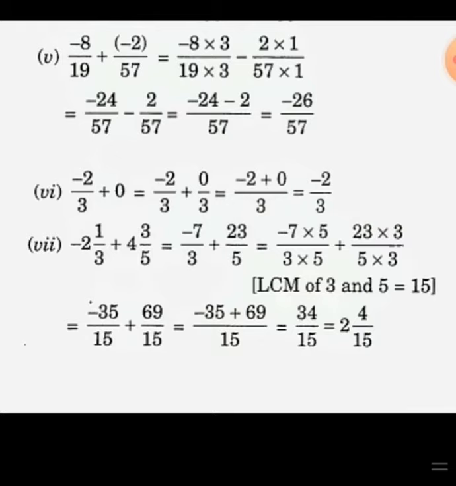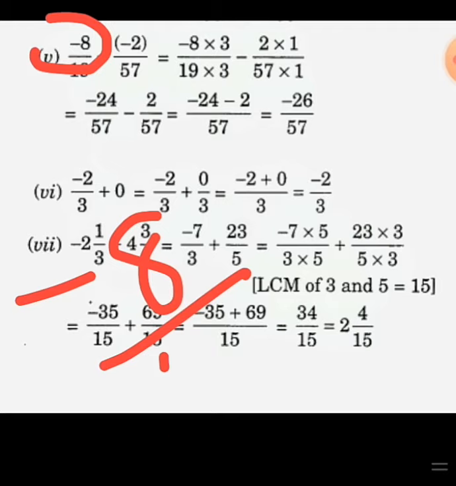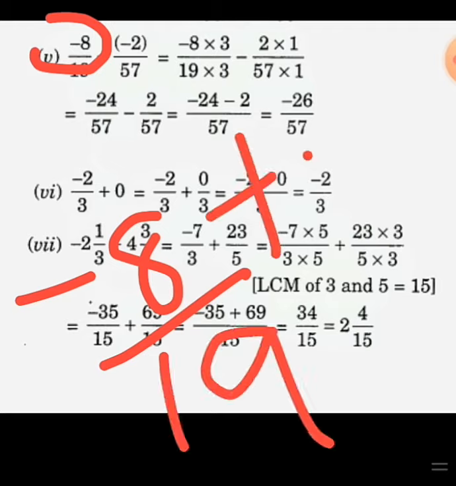Now before we go to the multiplication part, we need to adjust the sign. Here the first part has minus, so no problem with minus 8 upon 19. But in the second part, if you see, the middle sign is plus and then it is minus 2 upon 57.